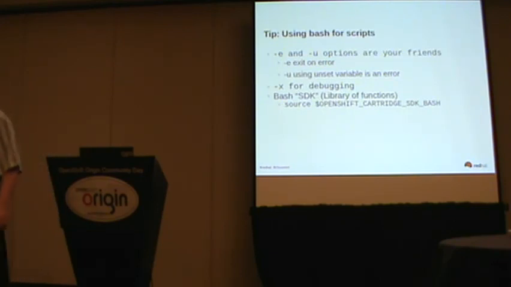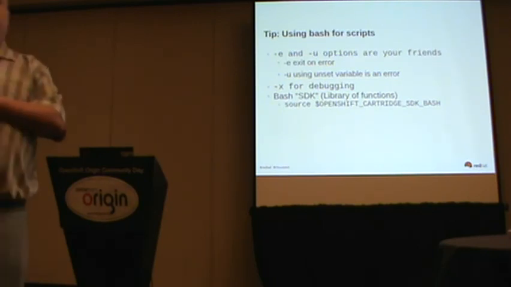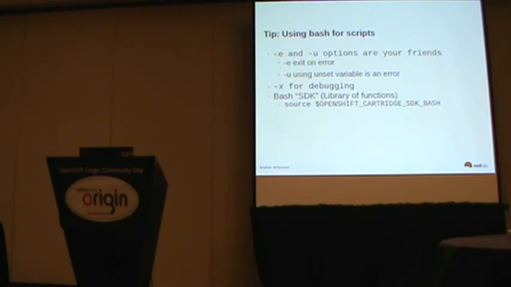So, if you follow our example and write Bash, I definitely recommend using -e and -u. -e stops the script on the first error, as opposed to running until the end of the script or an exit. So a lot of times, if you're not careful with Bash, you'll get an error and just keep going on. And then -u, for any undefined variables, you'll get an error.